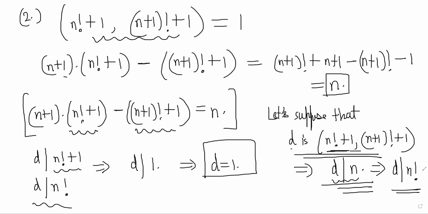Okay. The third part of this question is saying this. Let f of k be equal to 2 power k plus 1 with k greater than or equal to 0.